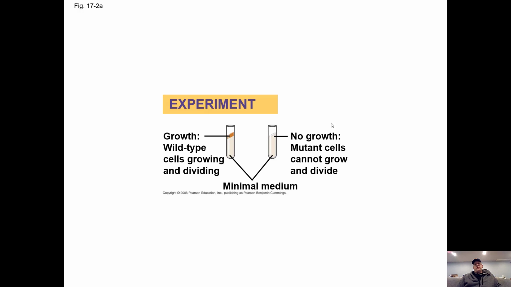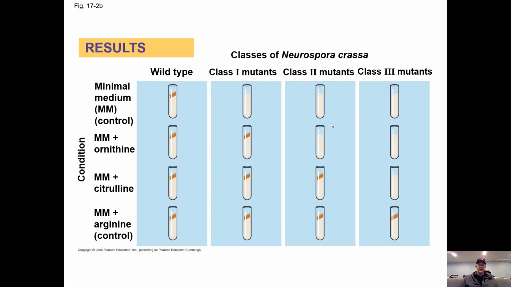And then they've got mold that they hit with X-rays, and they try to grow both of them on what's called minimal media, a medium that doesn't really have a lot of nutrients in it. It might have some bare bones nutrients, but if you're missing certain biochemical pathways, you're not going to be able to survive.